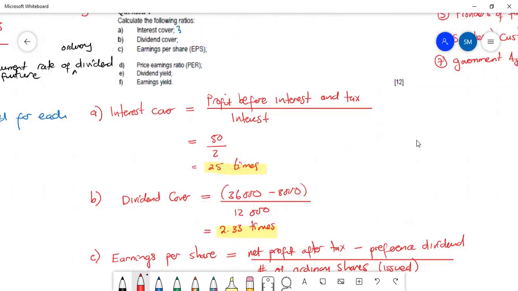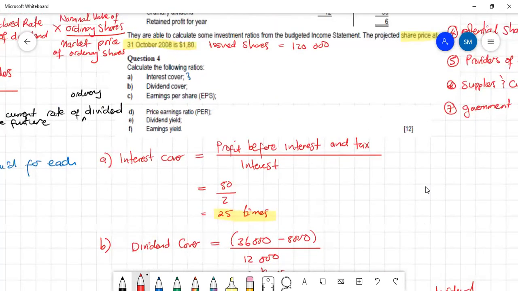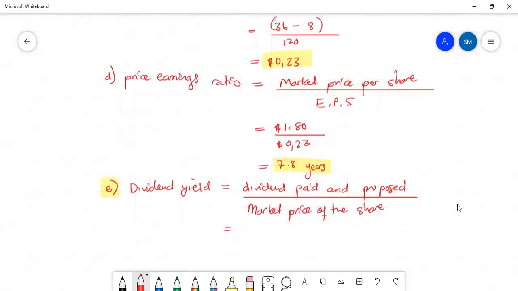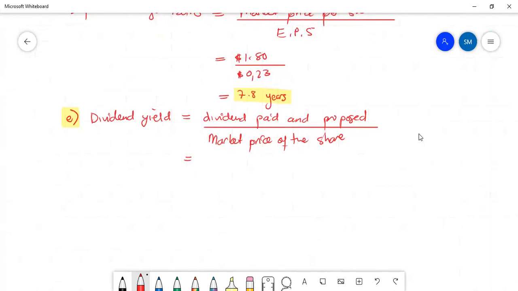Yes. If we say $12,000 divided by $1.80, do you notice something?